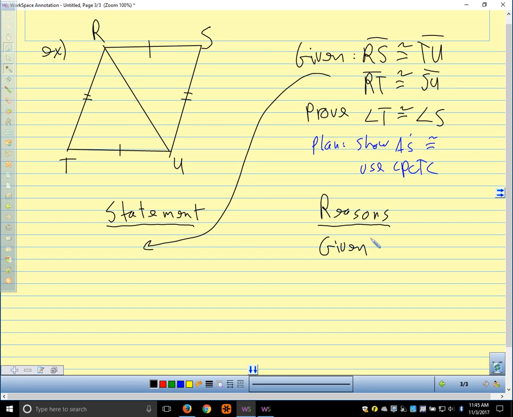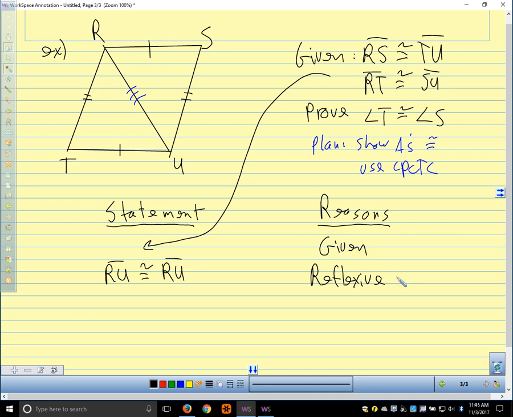All right, so what can we figure out right away? Yep. RU is congruent to itself. Very nice. And the reason for that? Reflexive. Well, do we have three pieces of information to show that the triangles are congruent now?